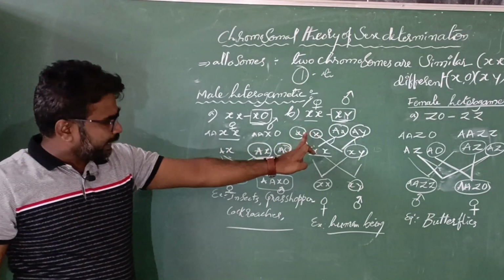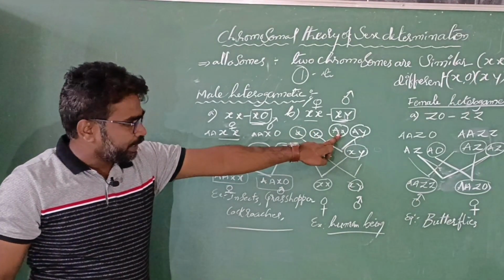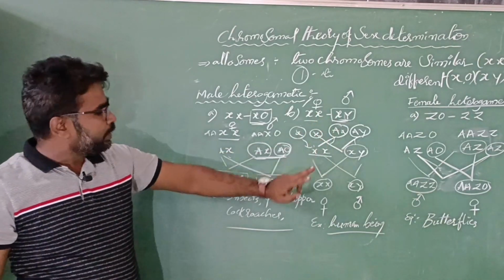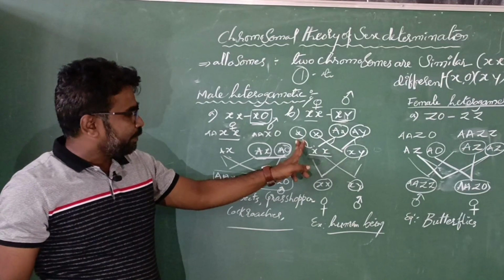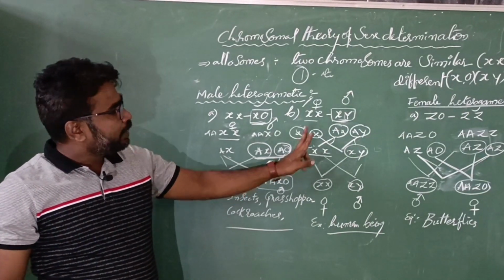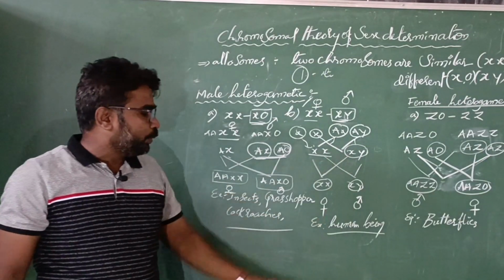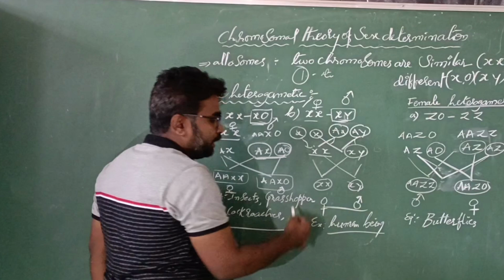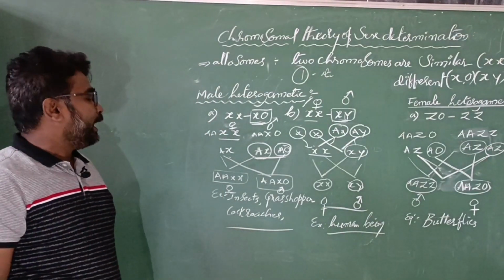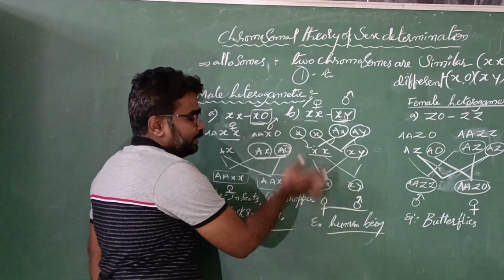If the X gamete of ovum fuses with the X gamete of sperm, it forms female. The X gamete of female and Y gamete of male may fuse, it produces male individual. That we call male heterogametes. Okay, here boy chain and here girl chain.